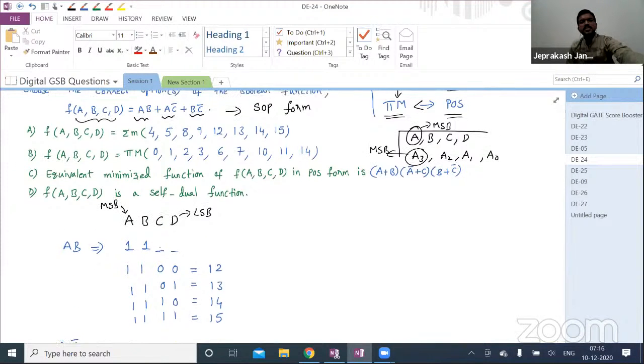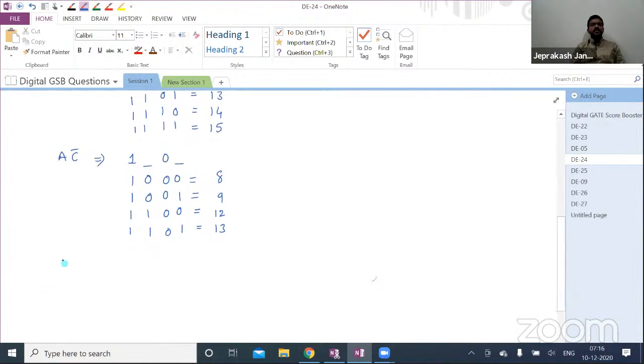Next, consider the last term, that is B C bar. That means B value is 1, C value is 0. Here A and D, you will get 4 combinations: 0 0, 0 1, 1 0, 1 1. For these 4 combinations, BC value remains same, 1, 0.